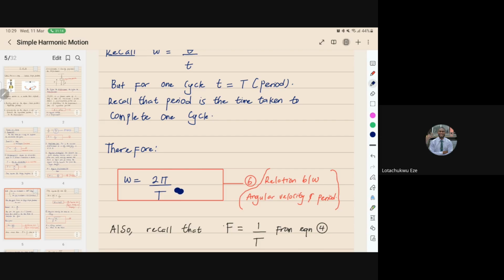That's the time taken to complete one revolution or one oscillation. So take note of the difference between the angular velocity when you are dealing with circular motion and the angular velocity when you are dealing with simple harmonic motion.